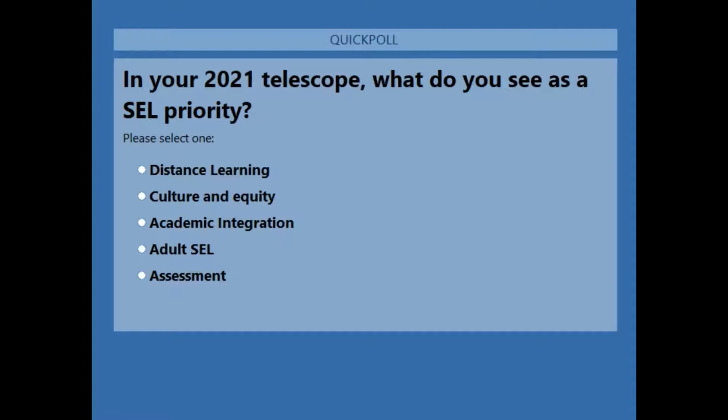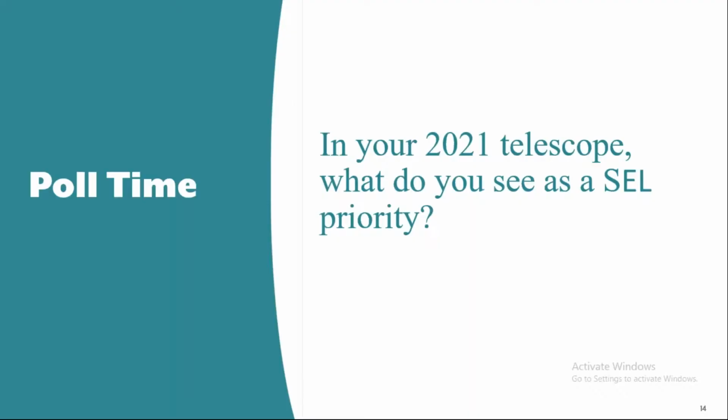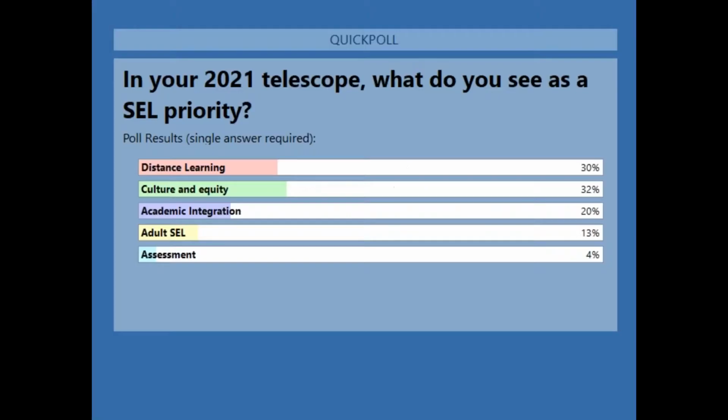Okay, we're going to go ahead and close the poll. And we're seeing a pretty close race. We have 30% for distance learning, 32% culture and equity. Academic integration is at 20%, adult SEL at 13%, and assessment is at 4%. Thank you all for sharing your results.